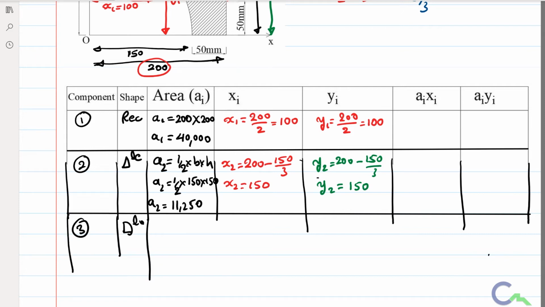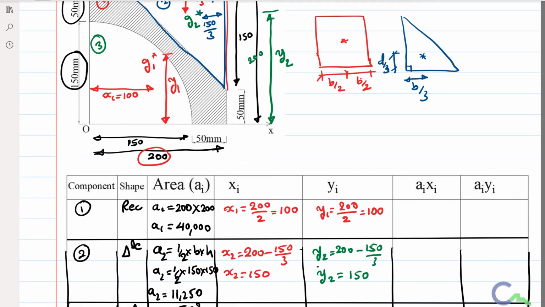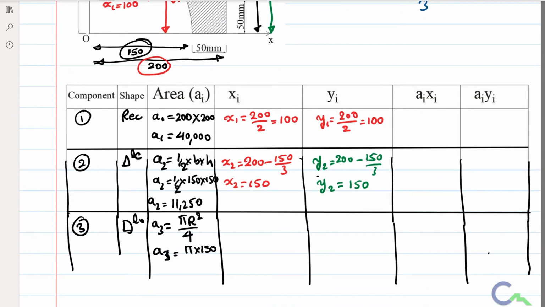So area of the quarter circle is pi r square divided by 4, because area of the circle is pi r square. Divided by 4, we will get the area of the quarter circle. Therefore A3 is equal to pi into radius of the quarter circle, that is 150 mm, 150 square divided by 4.